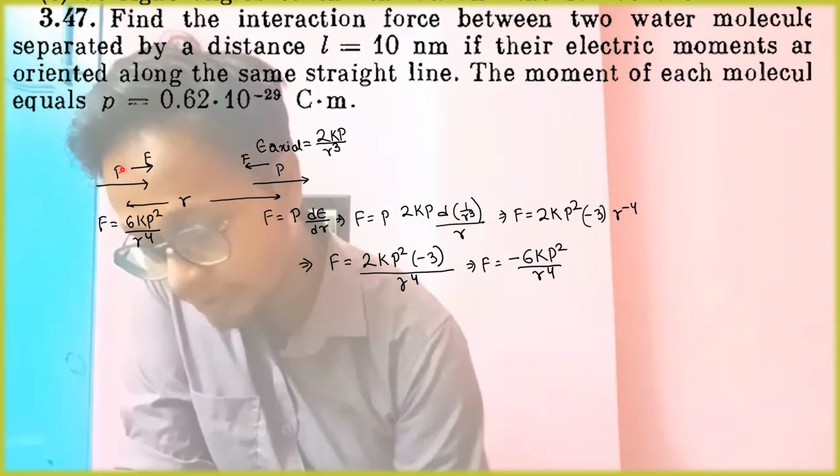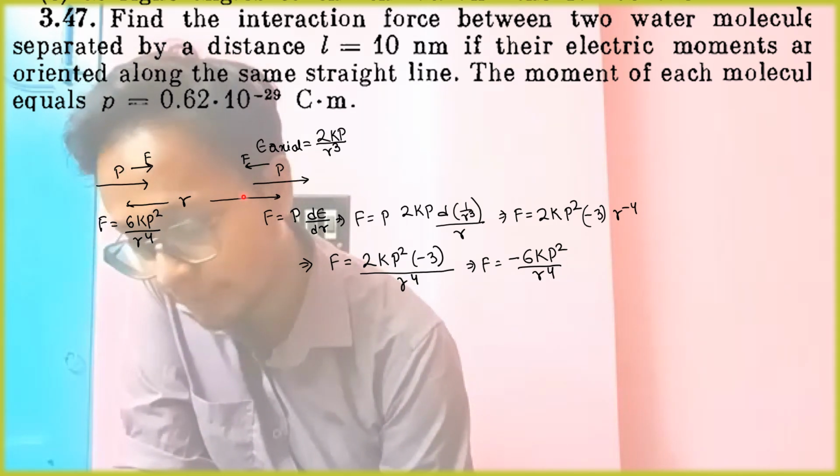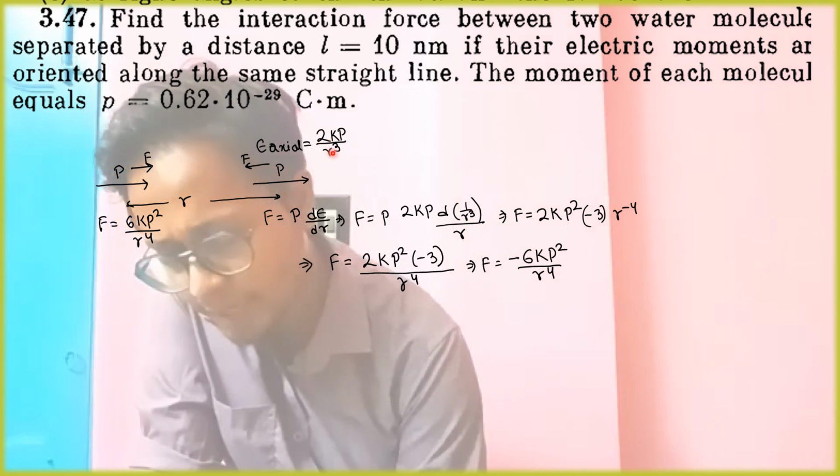Now suppose instead of the same water molecule, if there were different dipoles p1 and p2, same formula, electric field is equals to 2 kp1 by r cube.